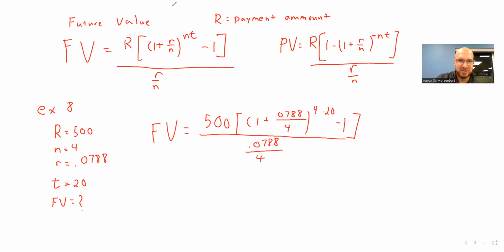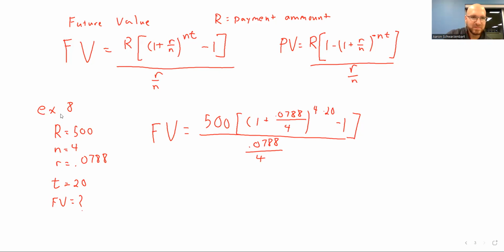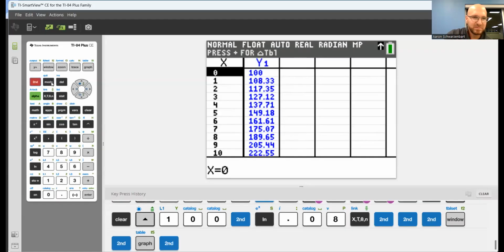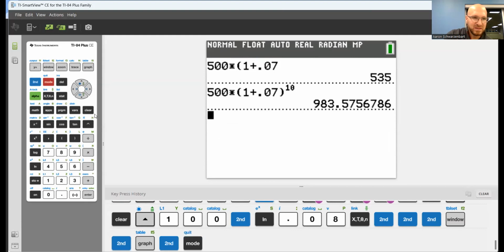Okay, let's go to the calculator. I'm going to plug in exactly that. I'm going to use a lot of fraction bars. That was not what I wanted to hit.